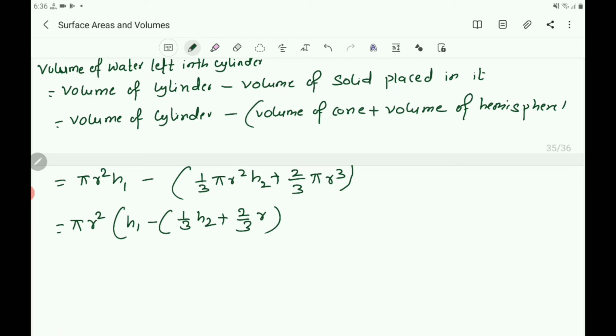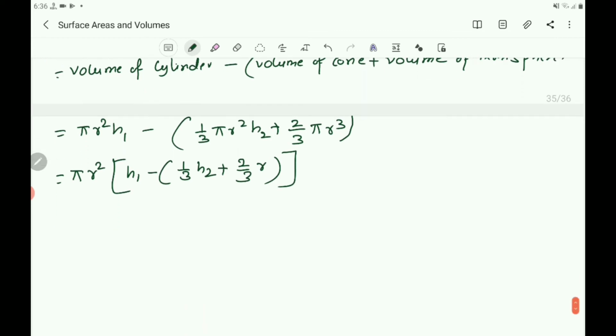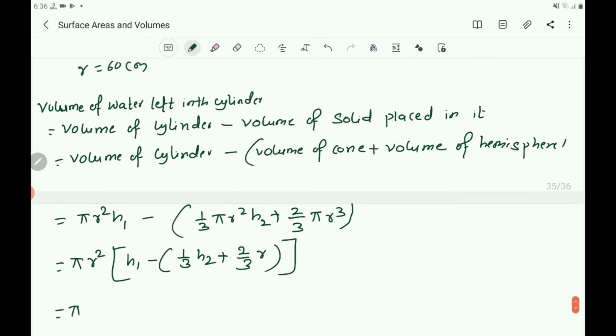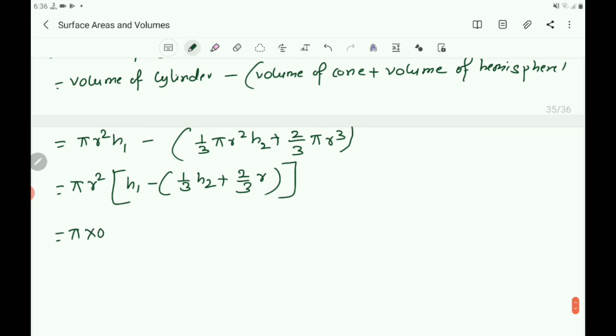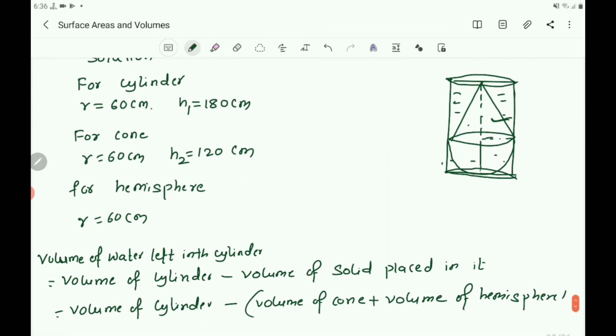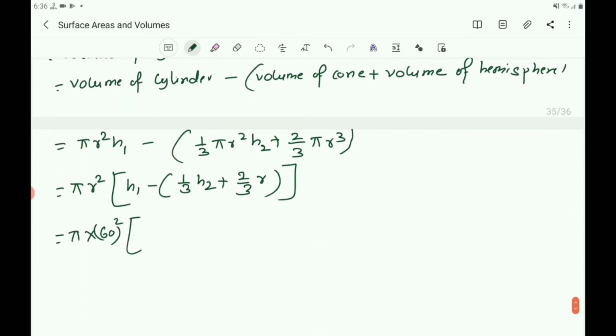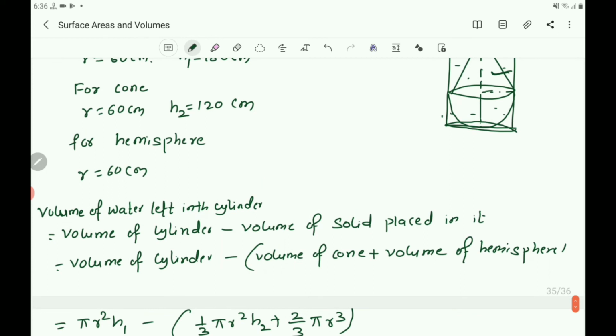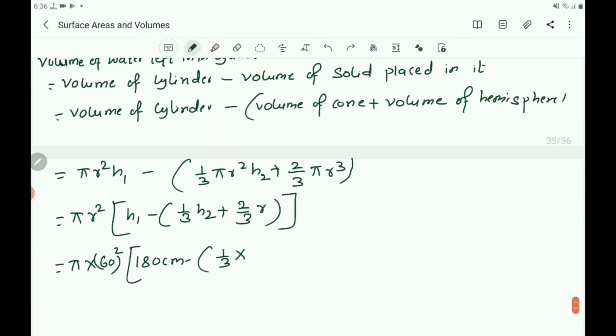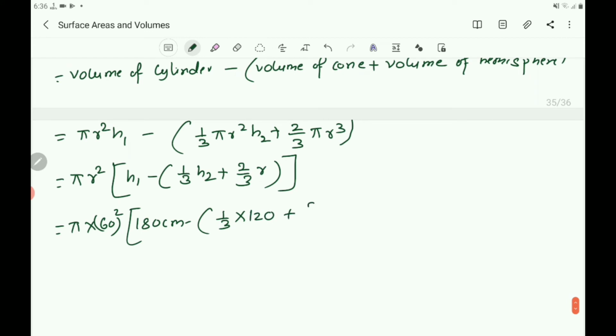1 by 3 h2 plus 2 by 3 r. Then you write pi r square. What is r here? 60 square. 60 square times h1. h1 is the height of the cylinder, right? 180 centimeter minus 1 by 3 h2, that is 120, h2 is 120, plus 2 by 3 into r, which is 60.